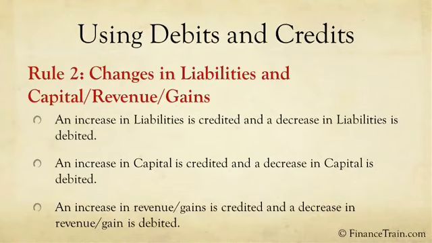Note that this is exactly the opposite of asset and expense accounts. In an asset or expense account, an increase is debited and a decrease is credited. However, in a liability or a revenue account, an increase is credited and a decrease is debited. If you can remember these simple rules, the rest of the accounting is just common sense.